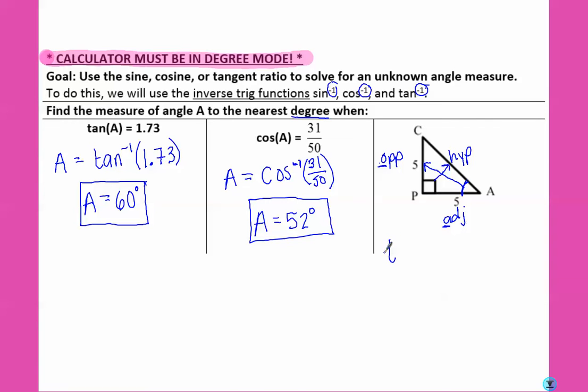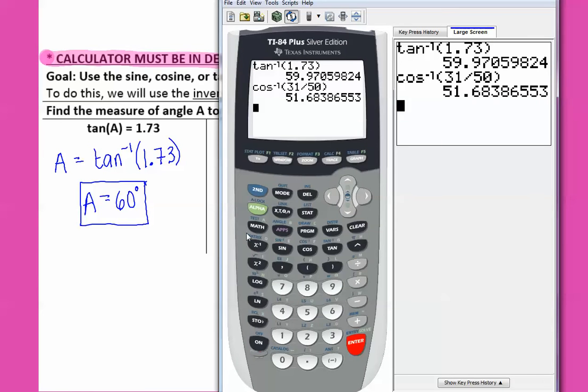You're right, that's tangent. So the tangent of A equals 5 over 5. If we want to find A, we need to use tangent inverse. Now what does 5 over 5 simplify to? That's right, it simplifies to 1. So A equals, let's type it in our calculator, second tangent for tangent inverse of 1 is 45 degrees.